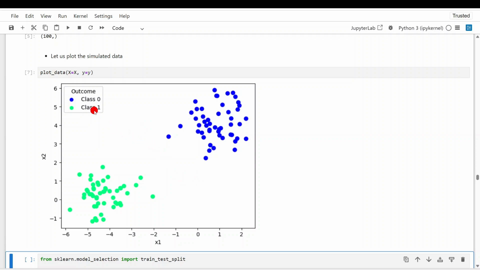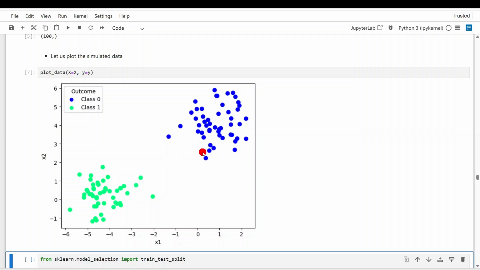Here the outcome variable has 2 classes, 0 and 1. Class 0 is denoted by these blue points, and class 1 by these green points. The objective is to separate the blue points from the green points.